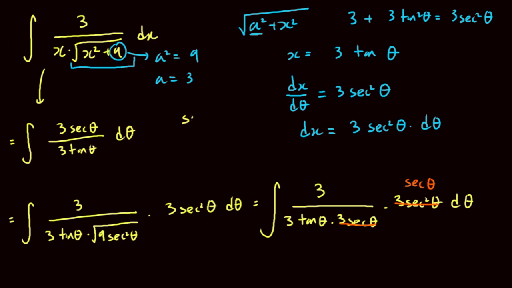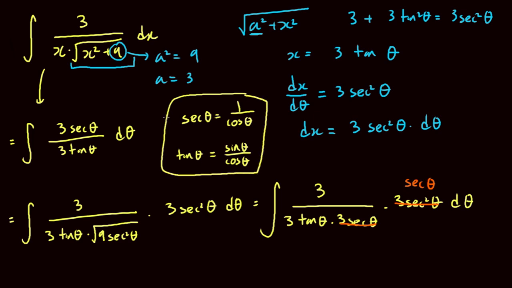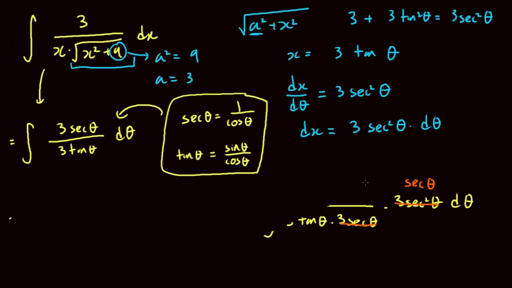And one thing about sec theta is that it's just 1 over cosine theta. And tan theta is just sine theta over cosine theta. And I want you guys to remember this, because we're going to be using it in simplifying this integral. So I'm going to be erasing this part just to clear up space.